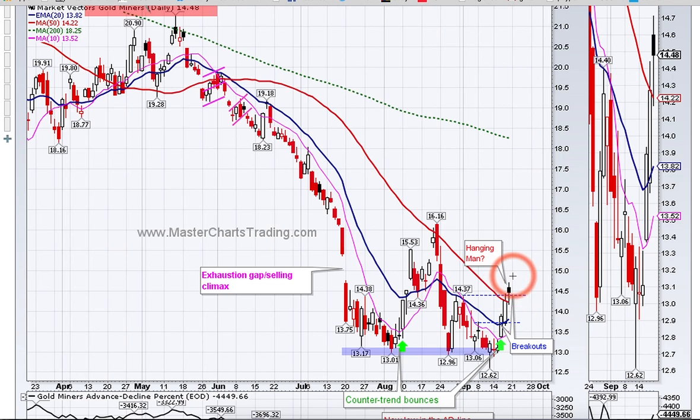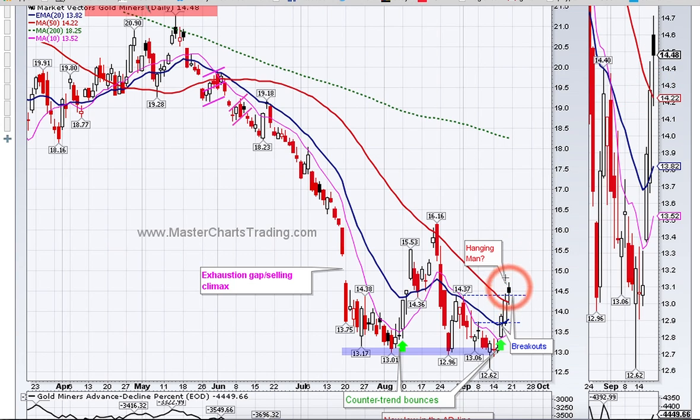This is a positive sign, but the action on Friday was not terribly inspiring. What happened is prices gapped up, spiked during the day, but then sold off by close. And this looks like a hanging man candlestick, where you have an upper real body here, a small wick at the top, and a large tail at the bottom.